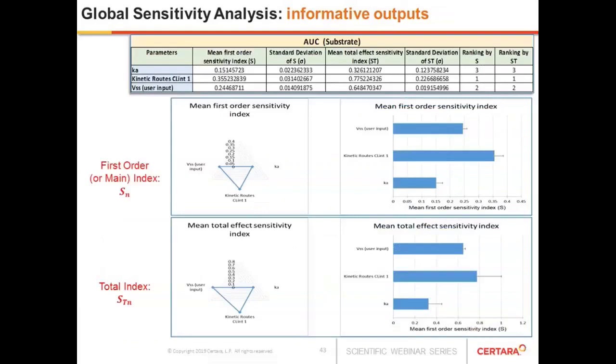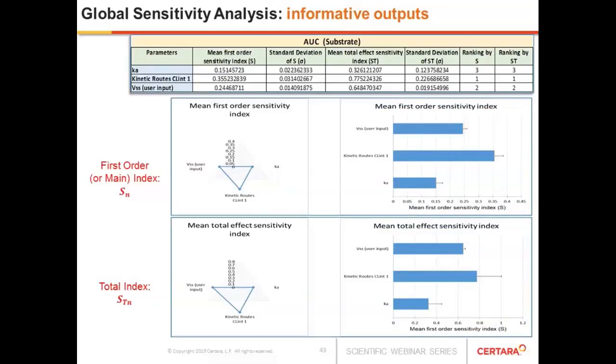So this is an output from Simcyp version 19 of the global sensitivity analysis. It outputs various sensitivity indices. For example, it shows the first order or main index, which shows the impact of the parameter alone.